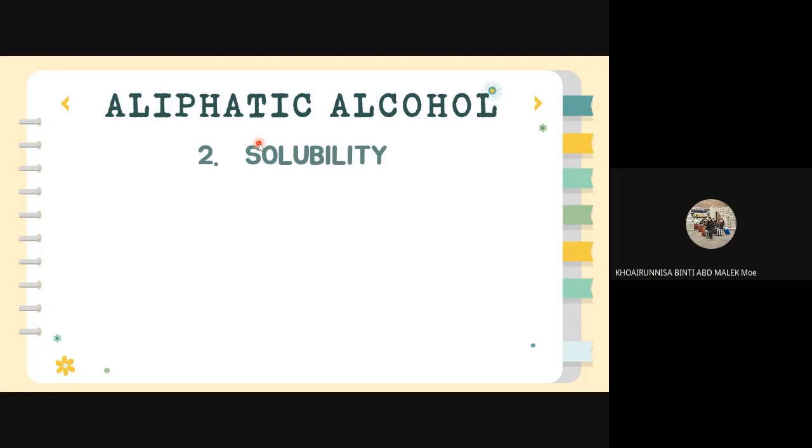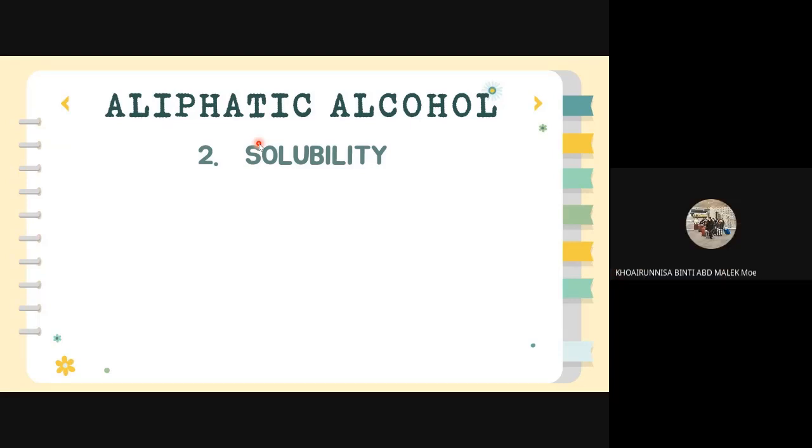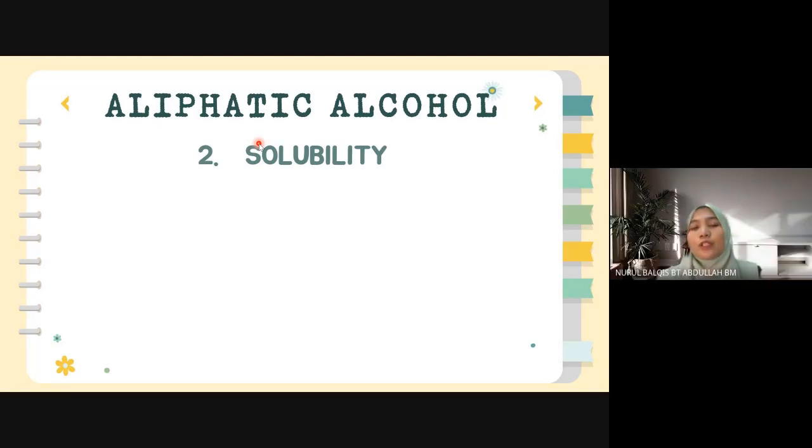No. Kenapa awak cakap alcohol in general, kenapa dia boleh dissolve in water? Sebab boleh form hydrogen bond. Yes, betul. Alcohol in general can form hydrogen bond tapi bukan semua alcohol boleh dissolve completely in water. Okay, jadi kita akan tengok alcohol jenis apa yang tak boleh tu.